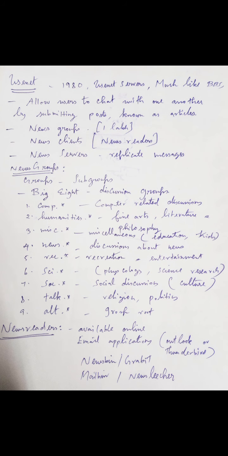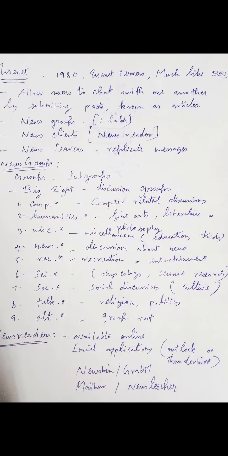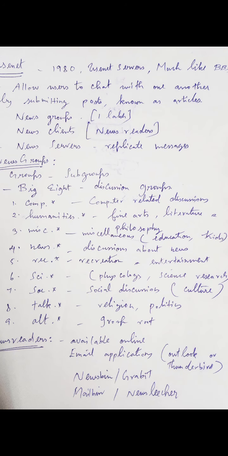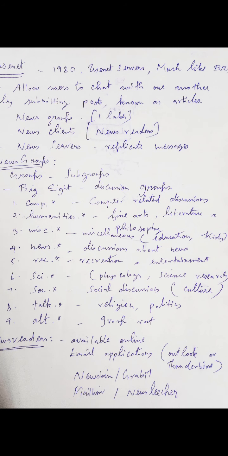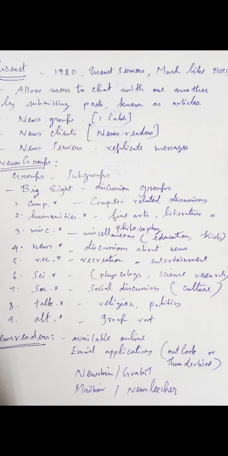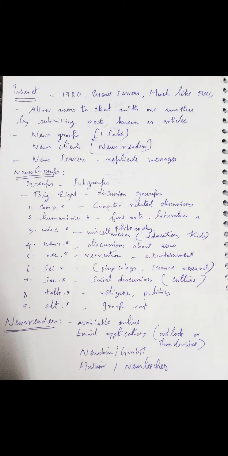So like that, the messages from your computer will pass to all the Usenet servers, and those who are interested in your particular topic will open that particular article, and they read it and make use of it. So basically to share some information among various users on a particular topic they are interested in, they use Usenet as an option.